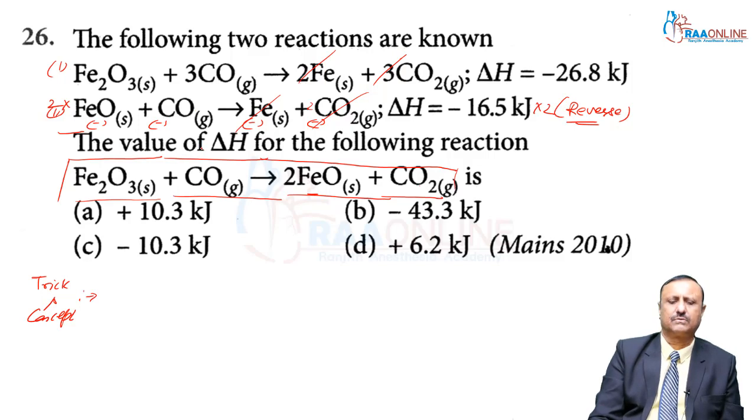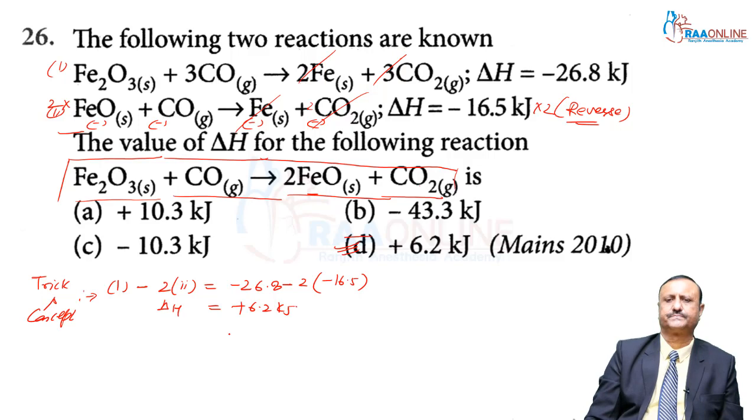So, my dear students, in question number 26 you get 1 minus 2 into 2, then minus 26.8 minus 2 into, what is it, minus 16.5. Then delta H is equal to 26 plus 6.2 kilojoule.